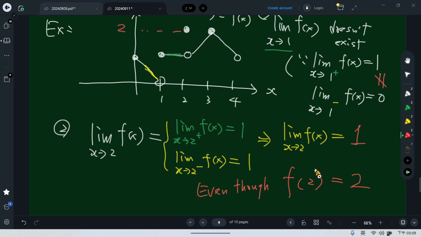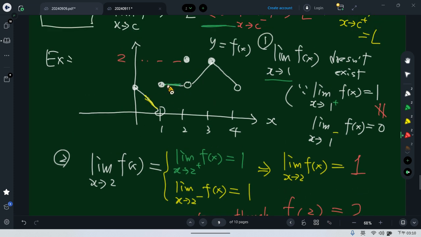Okay? It is continuous. But at this moment, based on this function, we can conclude that there is a two-sided limit for this point, but its function value is 2. They are different. But we still have the two-sided limit, even though they are different.